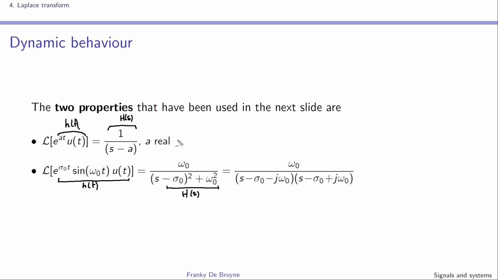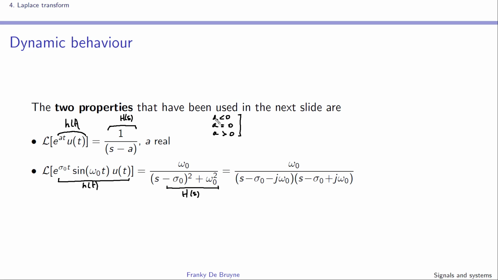So here we have the case of a single real pole, and we'll consider the case of A negative, A equal to 0, and A positive. So these are the three cases for a single real pole.